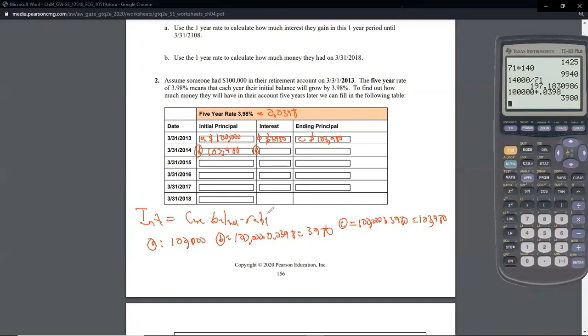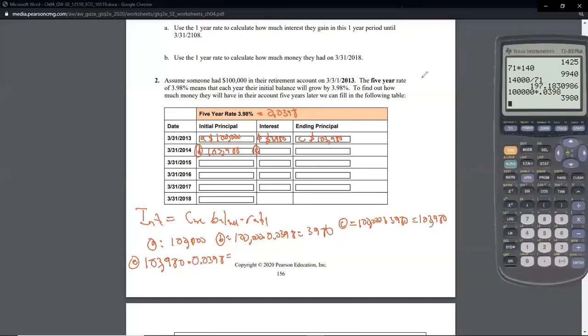And as we progress through these, we're going to notice there's going to be decimal places. Let's just keep our money rounded to the nearest cent, because that's how we round money, generally speaking, unless told otherwise. So for block E, we're going to take not $100,000, it's the current balance. We have $103,980 times our interest rate of 0.0398.